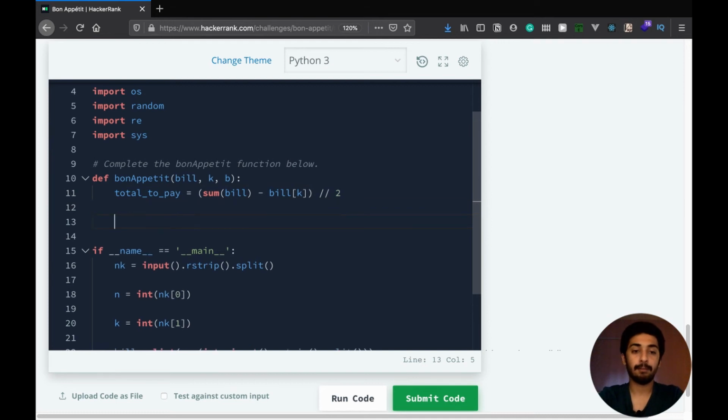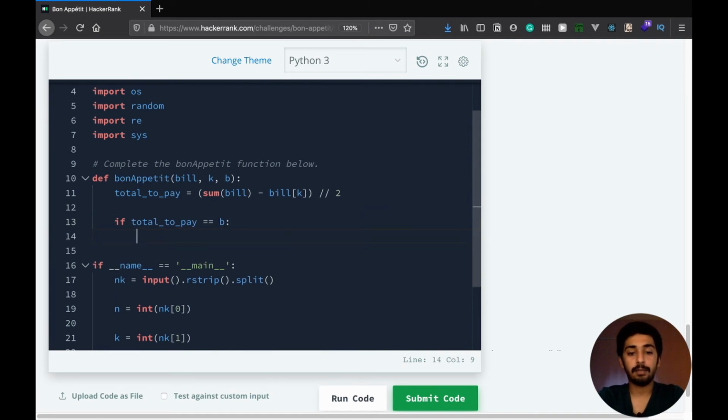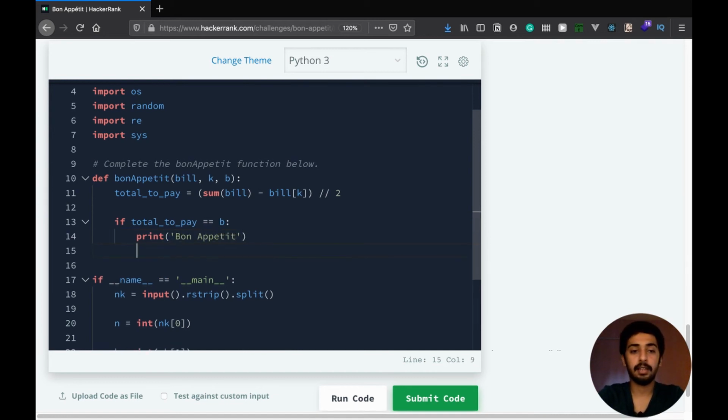Hopefully we won't. Alright, so what we need to check is if total_to_pay is equal to b. b is the amount that Anna has paid. Then we just have to print Bon Appetit because they don't have to do anything else, she has paid the exact correct amount.